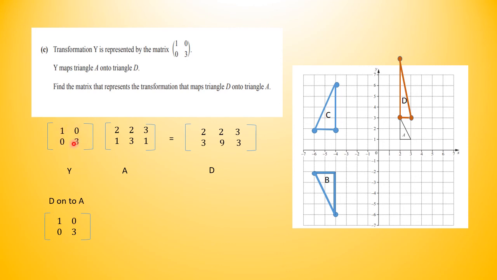I assume that you know how to find the inverse of a given 2 by 2 matrix. So when triangle D is mapped onto triangle A, given that triangle A was mapped to triangle D by the matrix Y, which is 1, 0, 0, 3, D onto A is mapped using the inverse matrix.